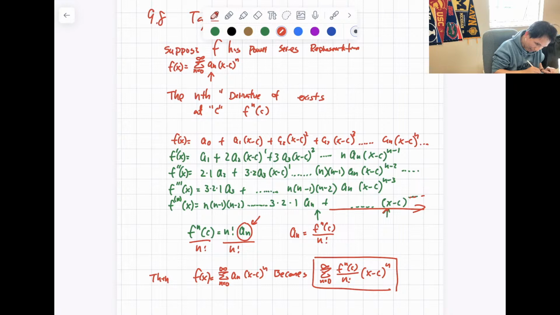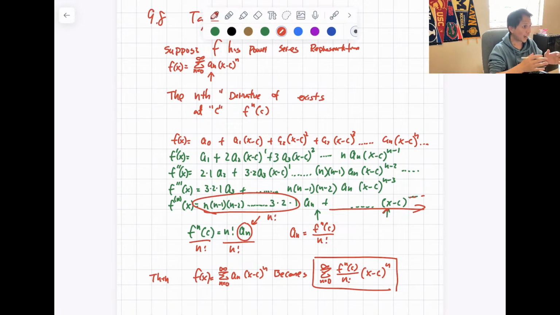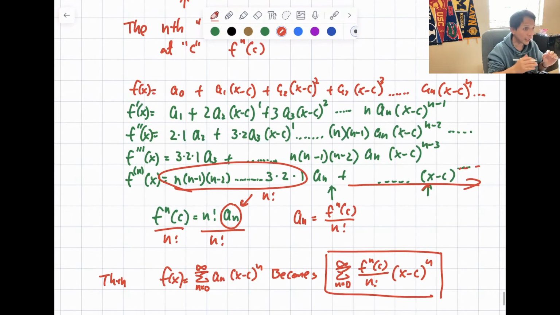The number in front is going to become n factorial. If I stop at the nth derivative, that's just going to be n factorial times a_n. Now we're going to solve for a_n, and a_n is equal to f^(n)(c) over n factorial. And that's it.